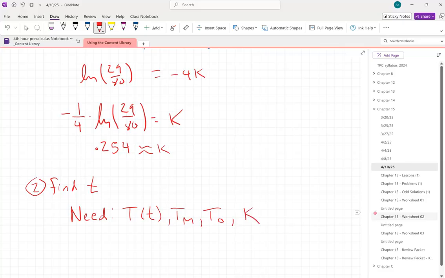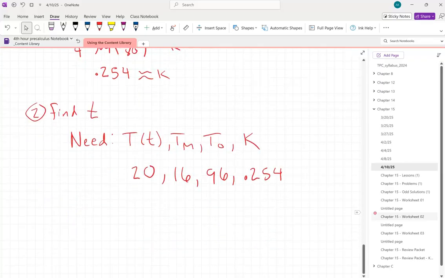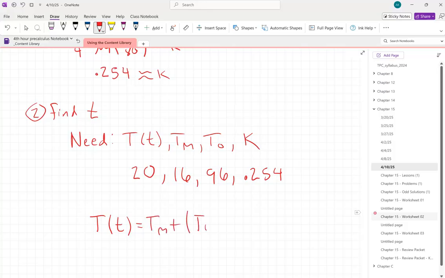Feels okay? Now, the T of t is going to be 20 this time, right? That's the temperature we want the egg to cool to. But the Tm, the T naught, those stay the same, and the k we just found. So now we have everything we need. So we're just going to do this formula one more time.